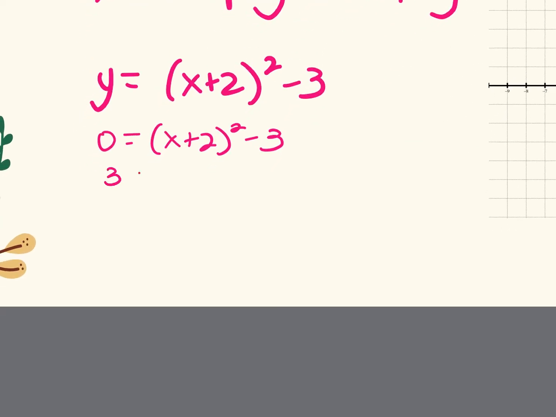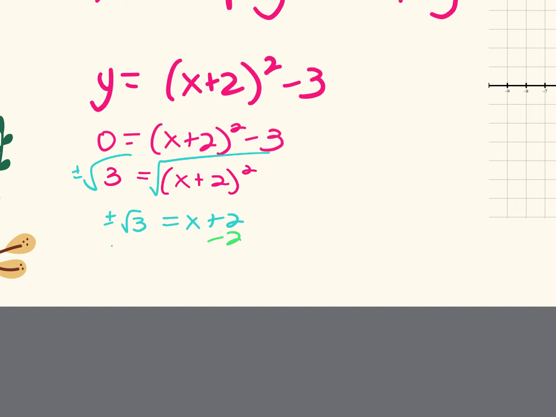Add the 3. Then square root both sides. I have a plus and minus in front of that square root of 3. And then subtract the 2. So I have -2 plus and minus the square root of 3 would be my x-intercepts.